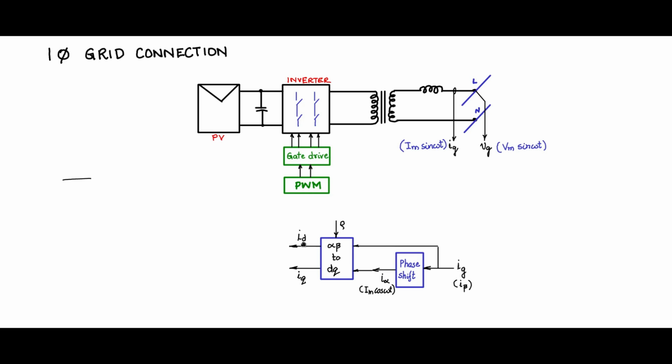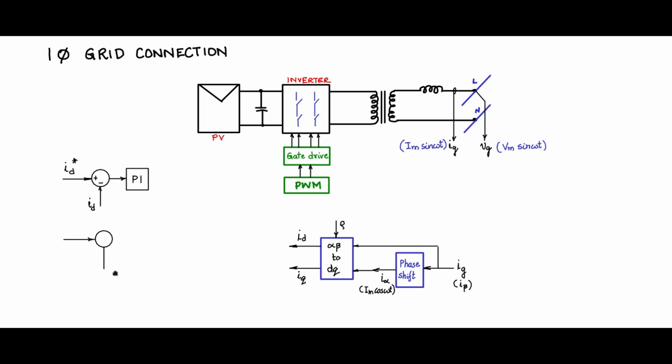Now that I have, let us say, id and iq, the DC quantities of the current, I will now have a control mechanism like this. So I have ID star, ID, just like in the case of three-phase, and the error is passed through a PI controller.